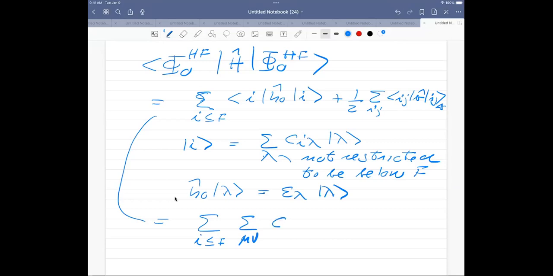So I will have a C i nu, and this is complex conjugate, and then I have a C of i nu. And then I have a contribution here which goes like mu of H0 times nu.